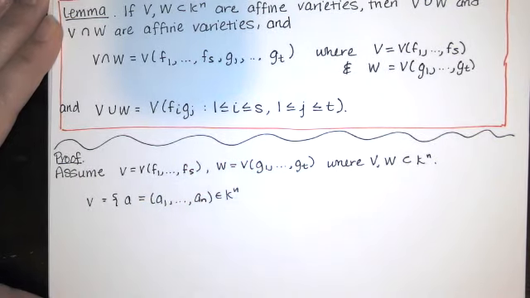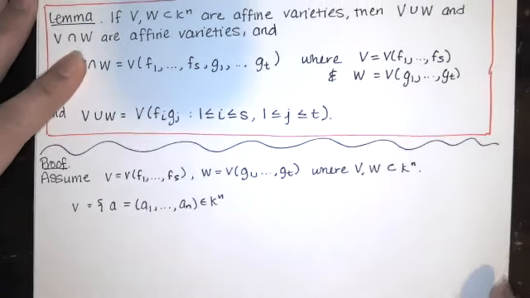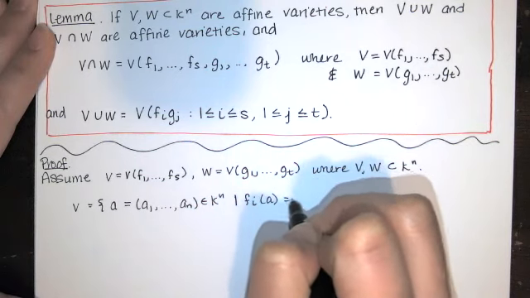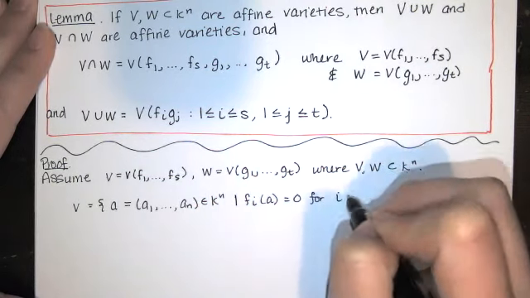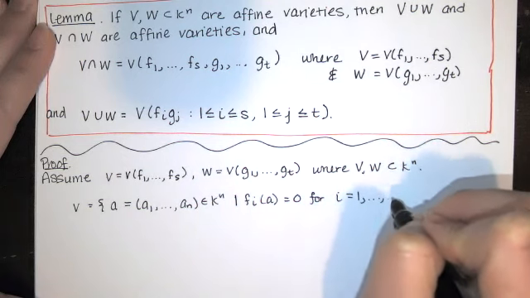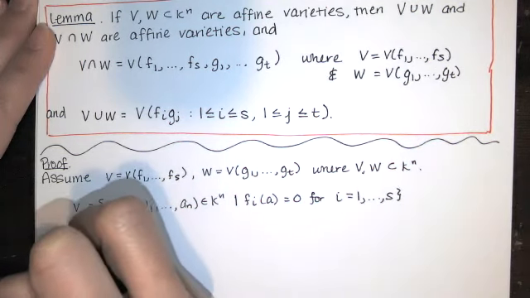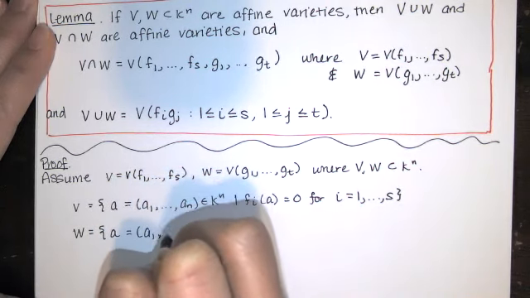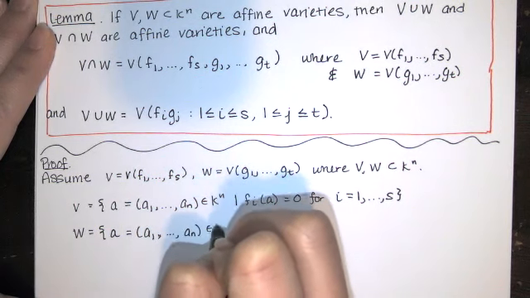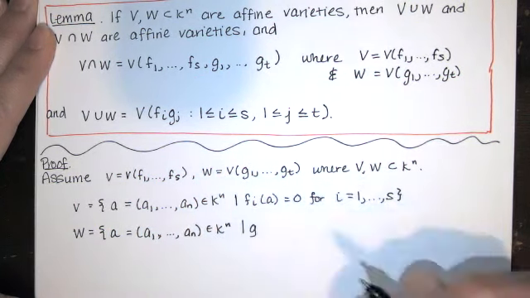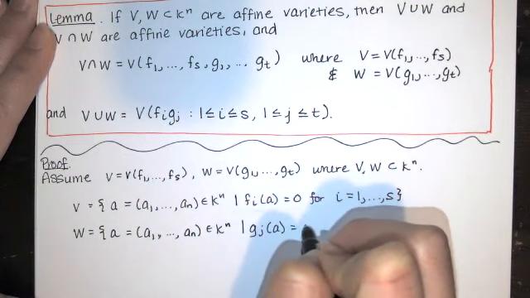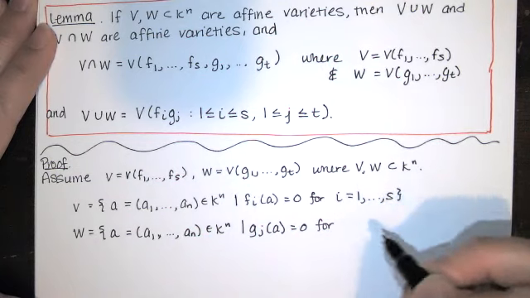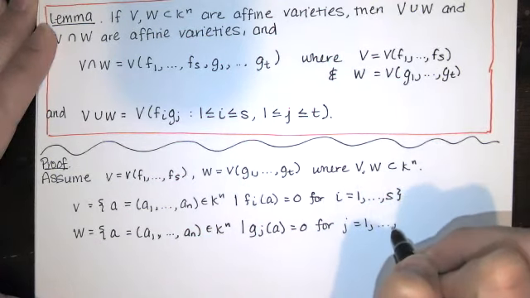I'm just going to start using A instead of writing out that n-tuple every time, such that f sub i of A is equal to 0 for i equals 1 through s, and W is the set of all points A in n-dimensional affine space, so these are ordered n-tuples, such that those functions g evaluated at A are all equal to 0 for j equals 1 through t.